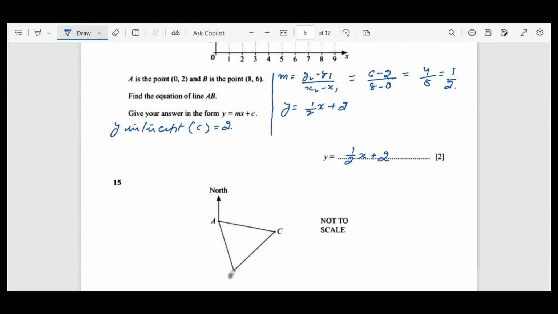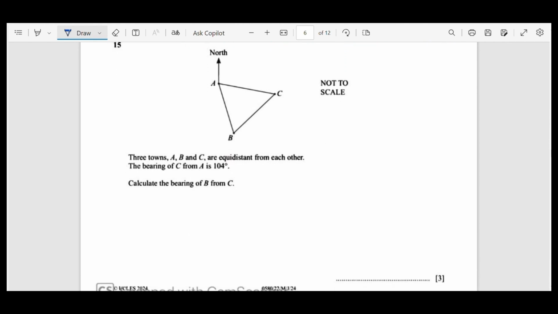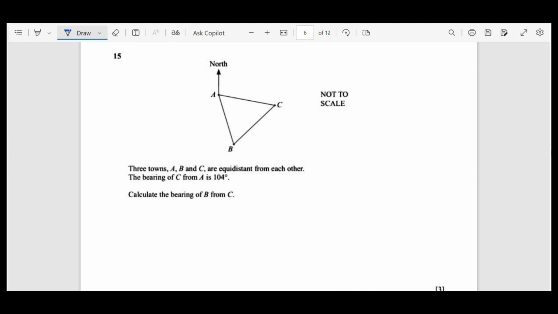Next, question number 15. Three towns A, B, C are equidistant from each other. The bearing of C from A is this. Calculate the bearing of B from C. So let's construct the north on each.